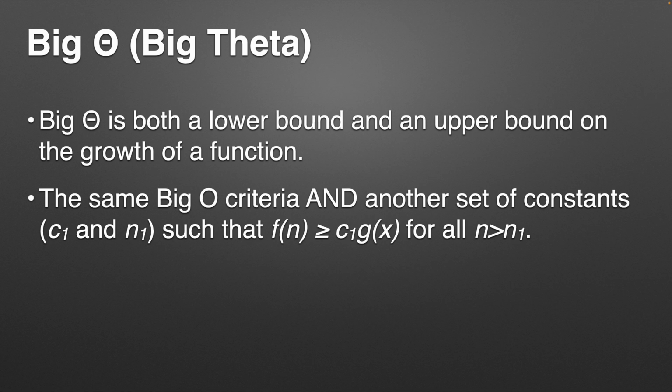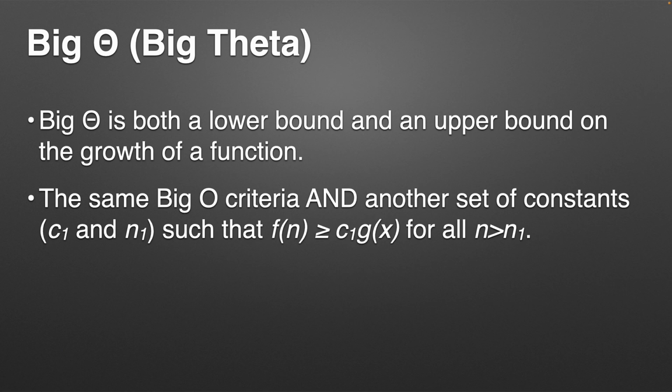So what big theta does is it says the same function that we choose has to be both an upper and lower bound, which sounds a little bit scary and impossible at surface value maybe, but it's not. So all we have to do, we take that same big O criteria we had, and we chose those two constants that made things work for us.